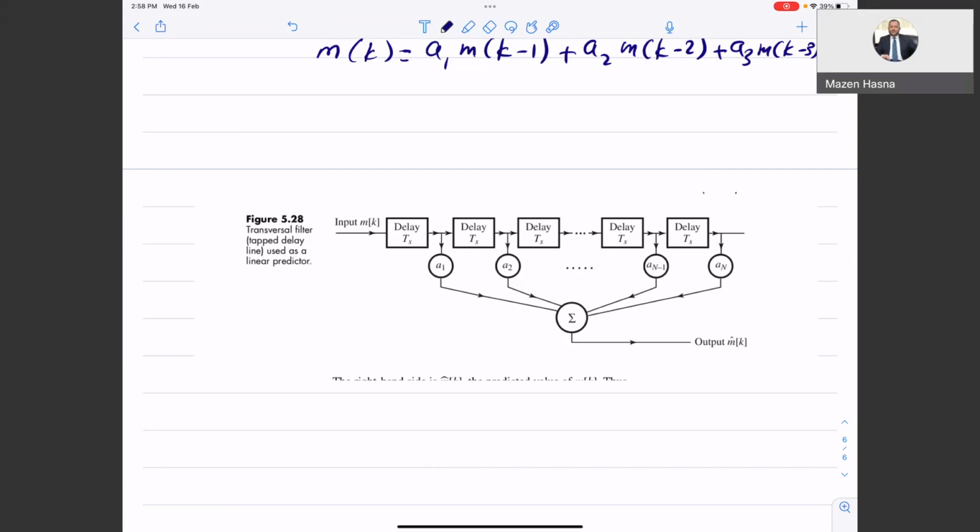But this should give you a much better result, because you are comparing two cases. I'm estimating the next sample by the current sample, or I'm estimating the next sample by 2 times this sample minus the one 2 steps before. Based on the dynamics of the signal and the Taylor series, this should be much better. Yes?